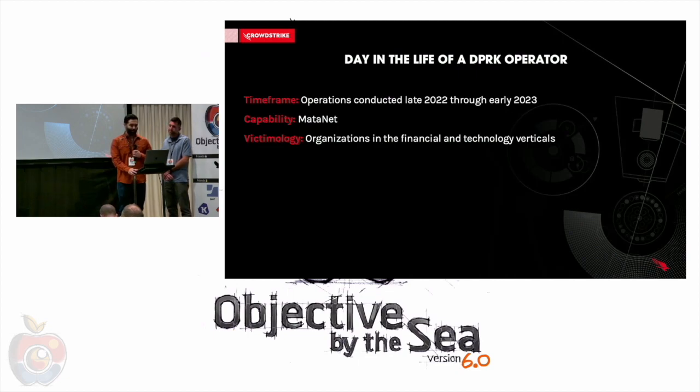That's a malware family that's been around for a few years, but hasn't been talked about that much in open source. And then the two organizations we're going to talk about were in the financial and technology verticals, one of them being a crypto org and the other just being more strictly technology.